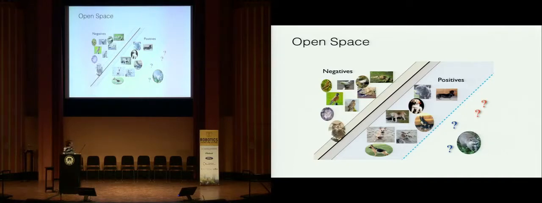But oftentimes, you have this problem where some other object class, which was unknown at training time, pops up in an unexpected place within the broader feature space. Here you can see this raccoon. We didn't have any raccoons when we trained the negative portion of the classifier here. It's showing up on the positive side of the classifier. Why is that happening? If you think about a binary classifier that's simply linear, you have this half space problem.